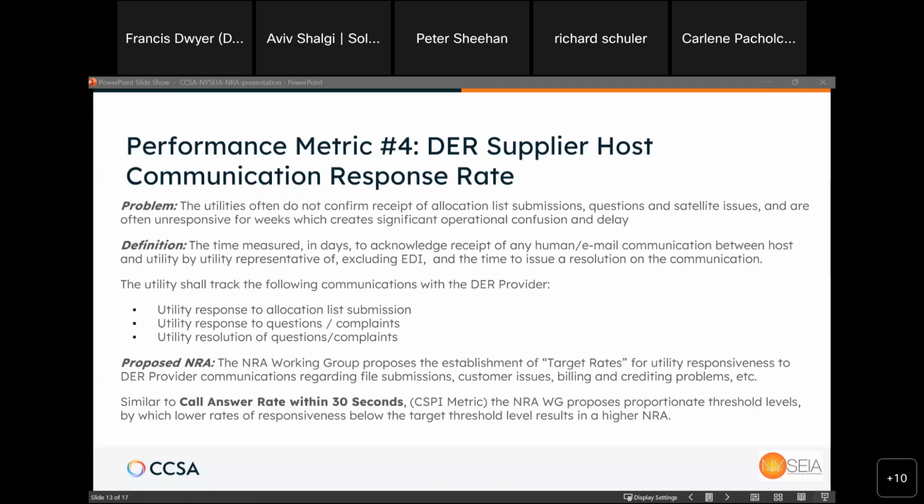on that. So the utilities know, either they're using an online portal of sorts, or if it's just through an email, they know when they've received our communication, and they can get back to us, and they know when they've gotten back to us with something like an acknowledged message of some sort.